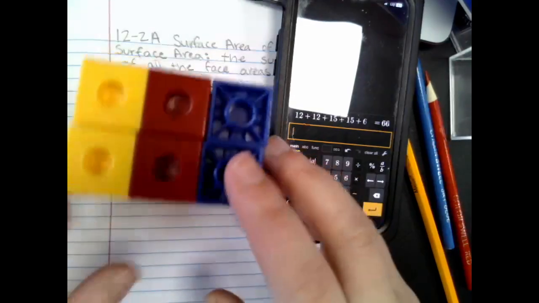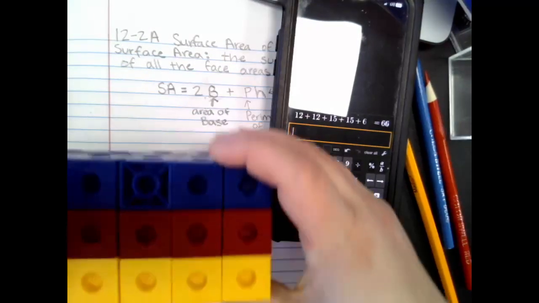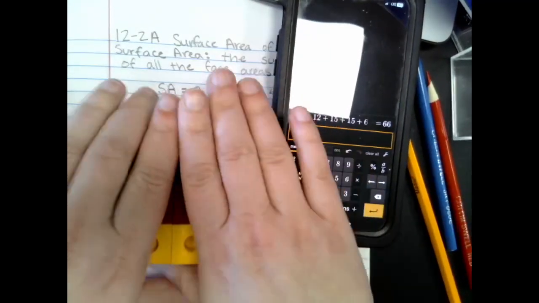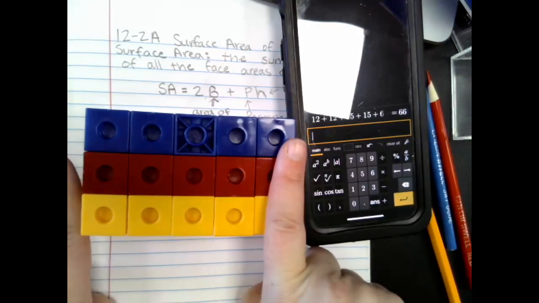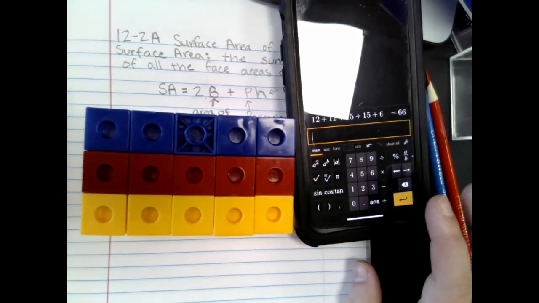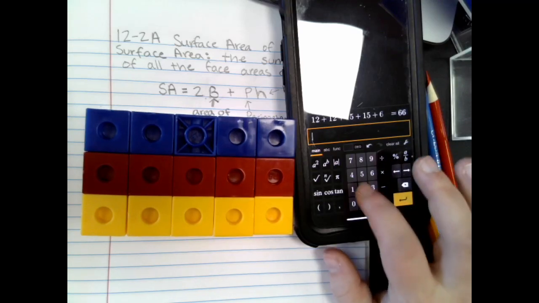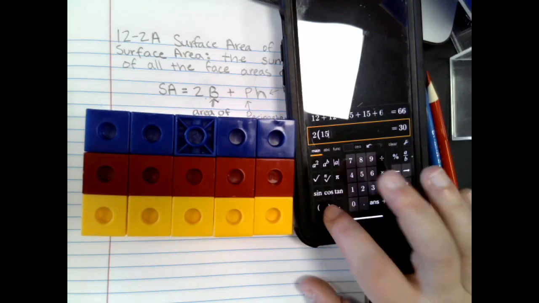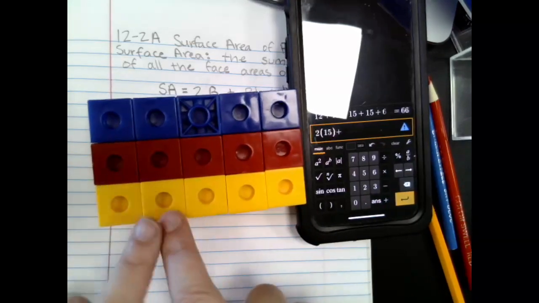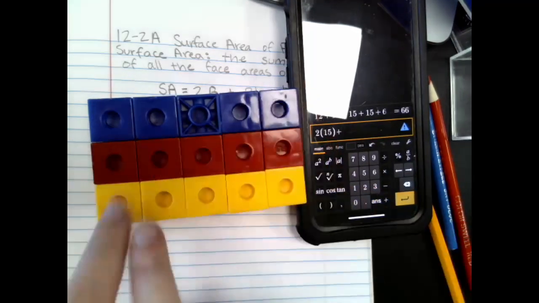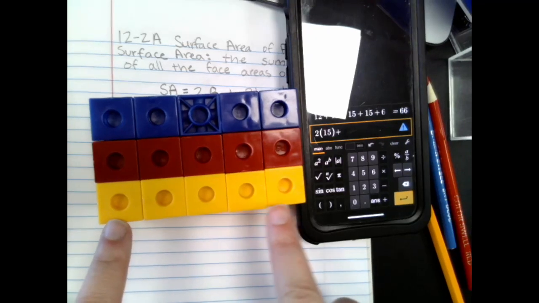Okay, actually let's do our bases, yeah. Let's do this as our base. This one would make more sense. All right, so what's the area of this base? It was 15, so I'm going to do 2 times 15 plus, now I'm going to take the perimeter. So as I count around the outside, I have 1, 2, 3, 4, 5.